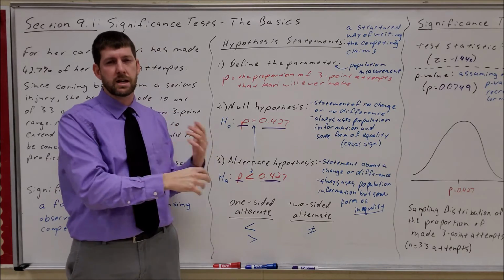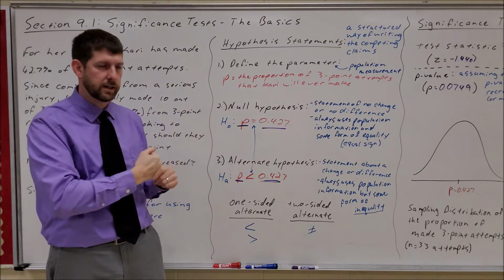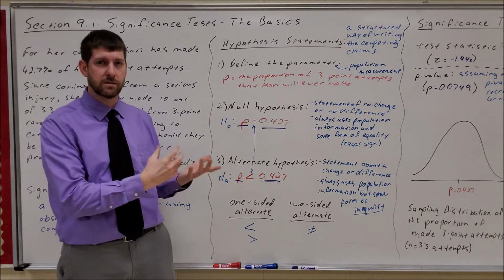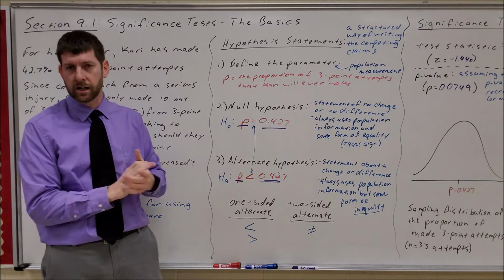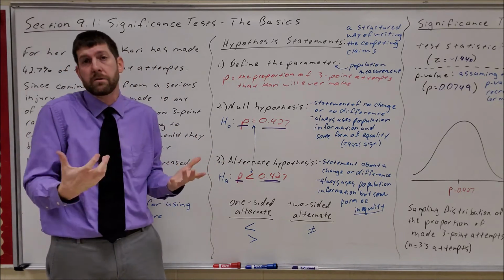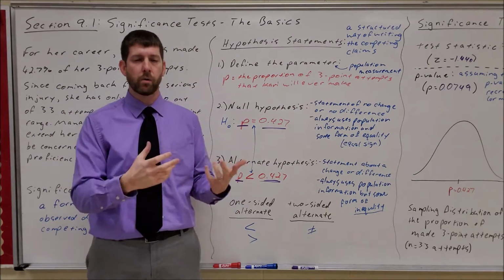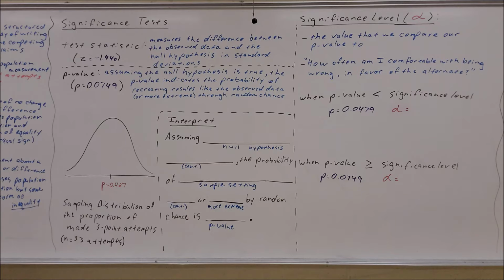They get a little more precise the more complex a study gets, but this is the general idea. Null hypothesis says there's no difference, right? We're going to play devil's advocate. Alternate says, yeah, we think there's some kind of difference, maybe less, maybe greater, maybe just different, we don't know. All right, so let's jump in and see what the components of a statistics test or a significance test look like.